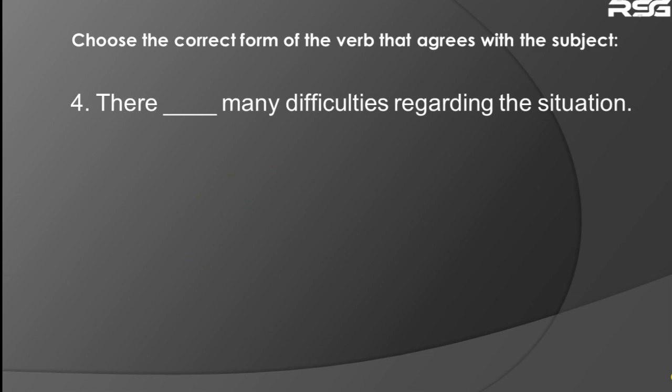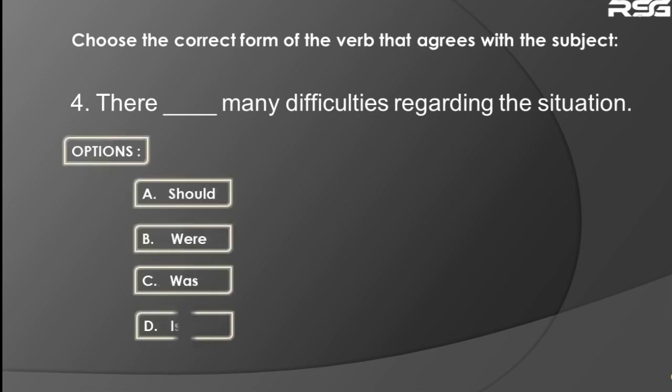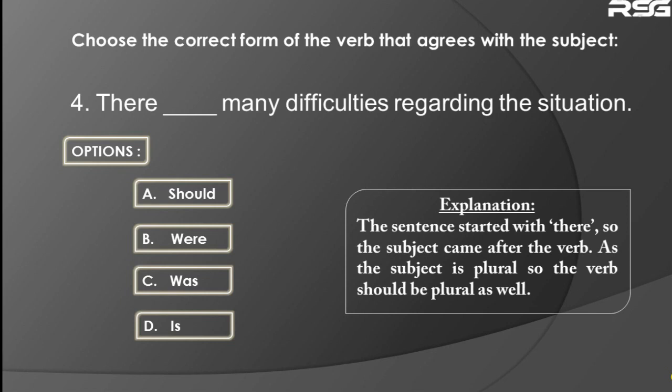Sentence number 4 says there dash many difficulties regarding the situation. The options that you've got to use here are should, were, was, is. Now see, here the sentence has started with what? There. The sentence has started with there, and where does the subject come here?